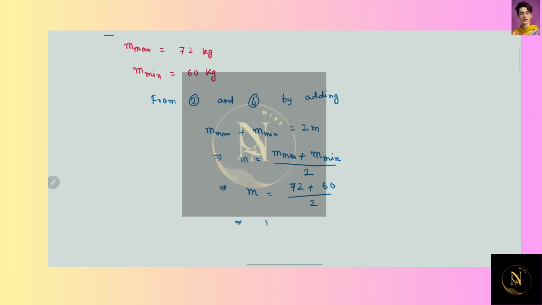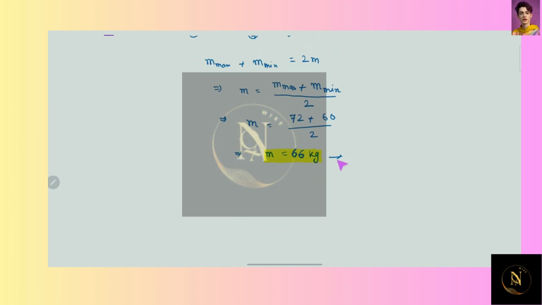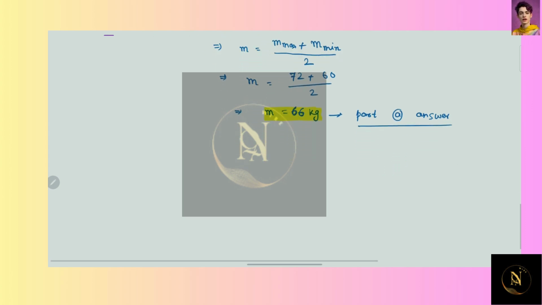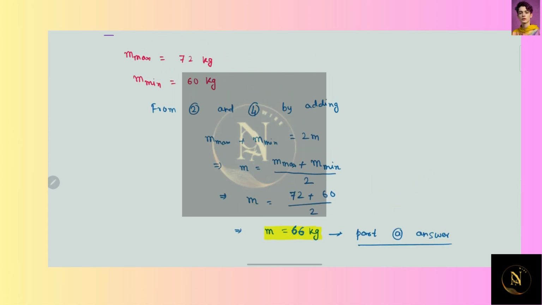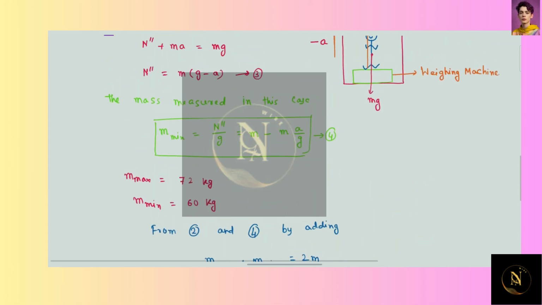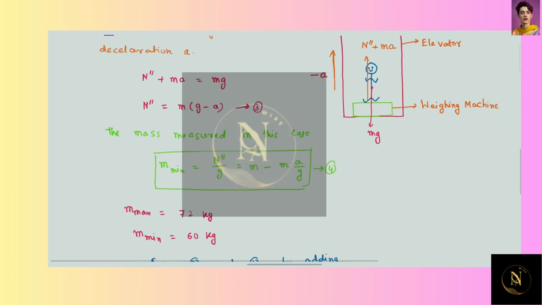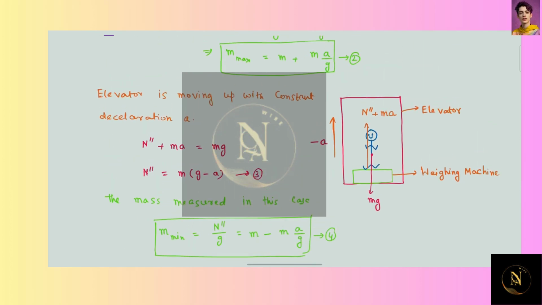Now in part B we have to find the magnitude of the acceleration of the elevator. How can we do that? We can add equations 2 and 4. Sorry, we can subtract equation 4 from 2.